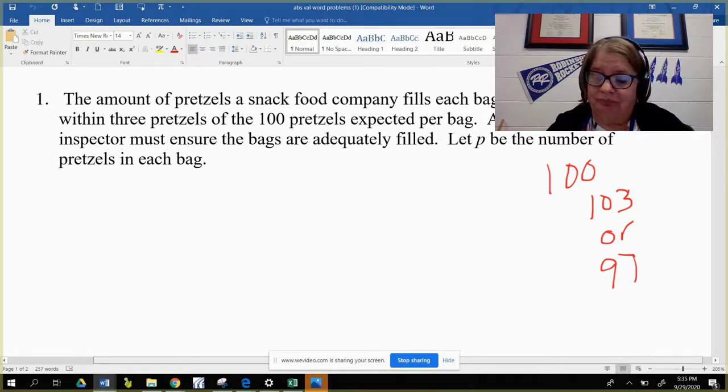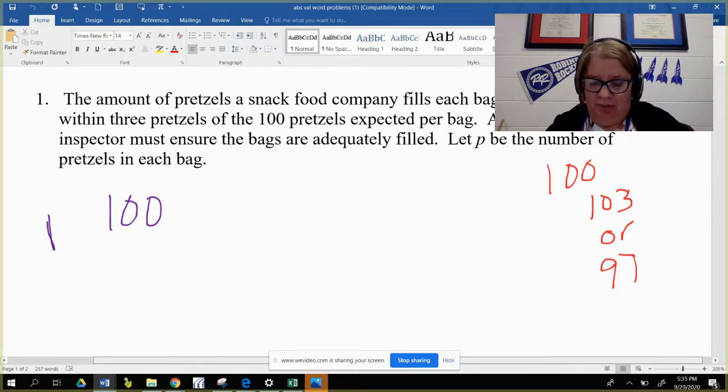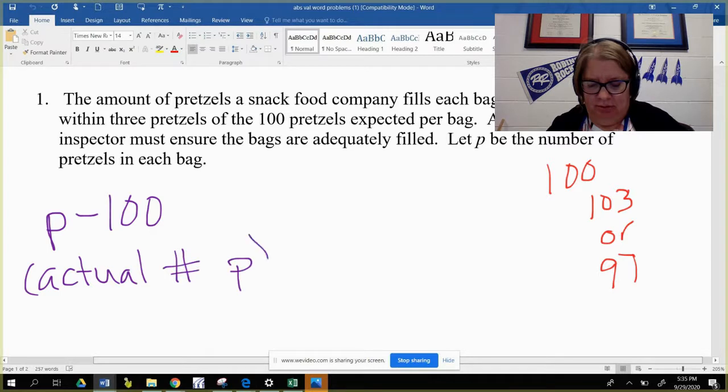So let's look at this one. It says the amount of pretzels. So this is the ideal number, right? The difference between the number of pretzels in the bag and the expected number. The difference between the actual number and the expected number.